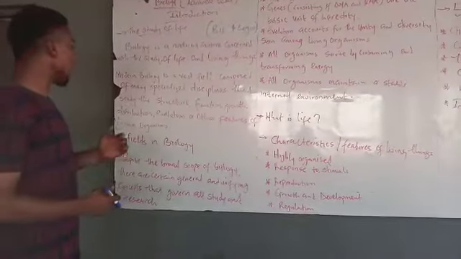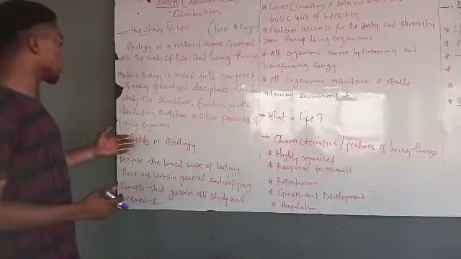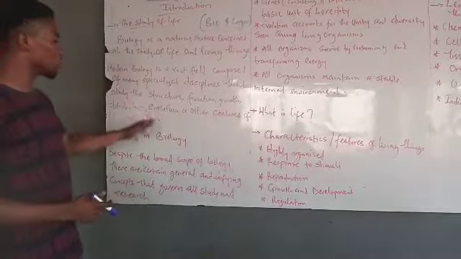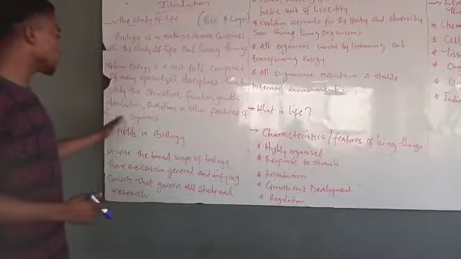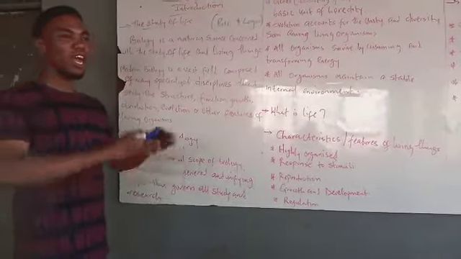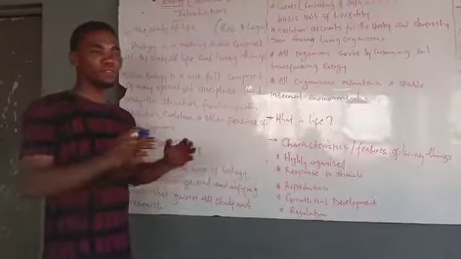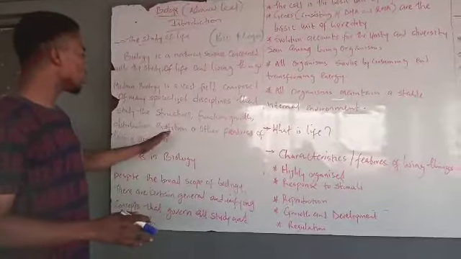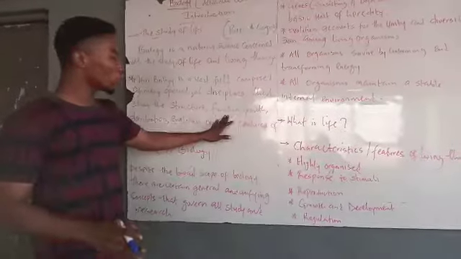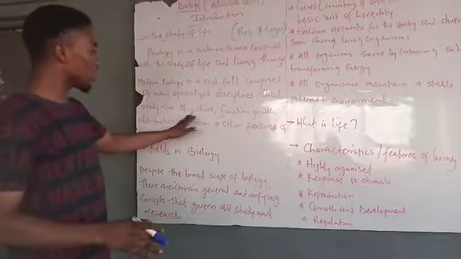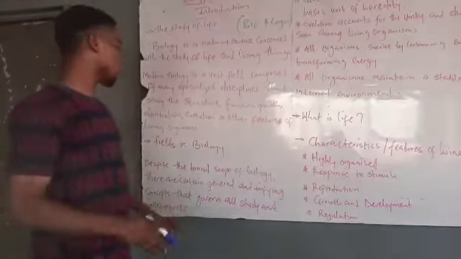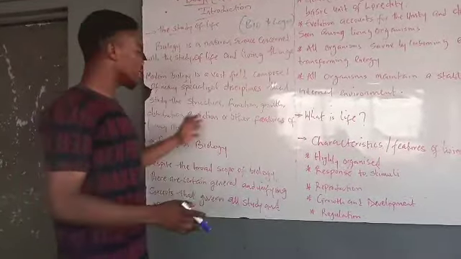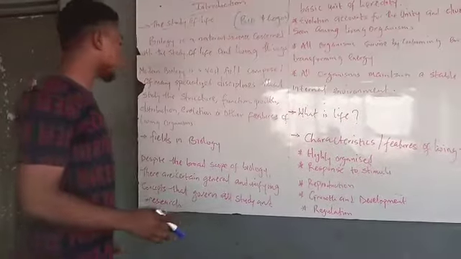All of these studies together examine the structure, function, growth, distribution, evolution, and other features of living organisms. So every branch of biology deals with these, and altogether they are all based on these principles.